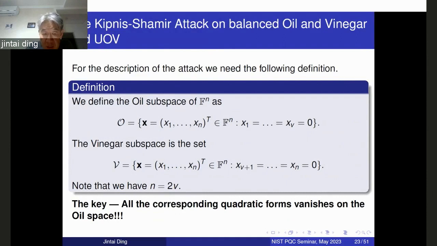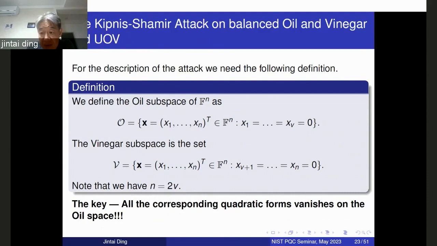Here, of course, we are looking at the balanced case, which means n equals 2v, or 2o. And from the perspective of a series of quadratic forms, you observe that the oil space is a space such that all those quadratic forms vanish. Namely, if you pick any vector from the oil space and compute the corresponding quadratic form, or even the bilinear form, it is always equal to 0.